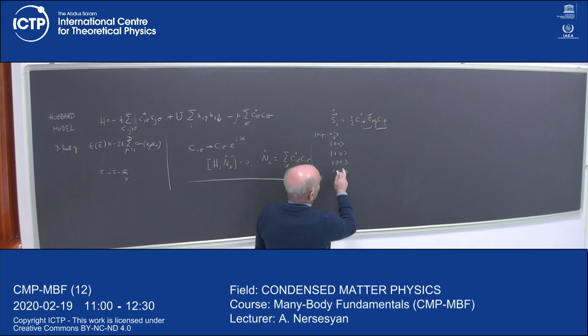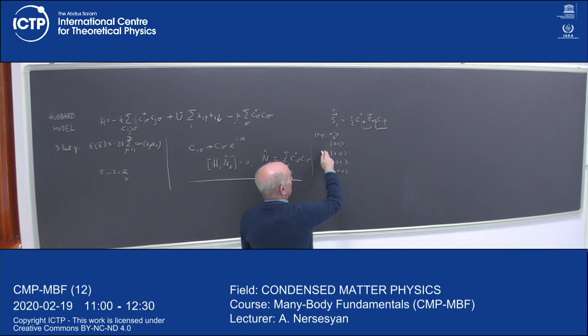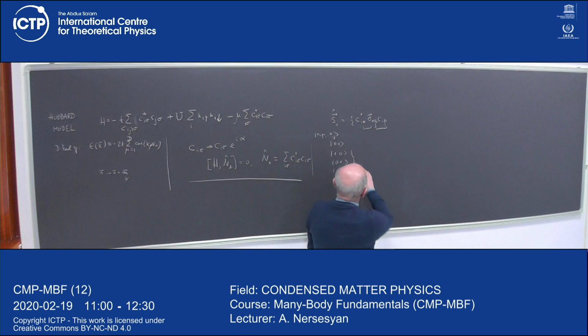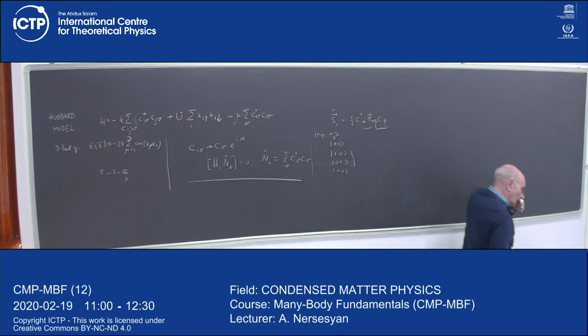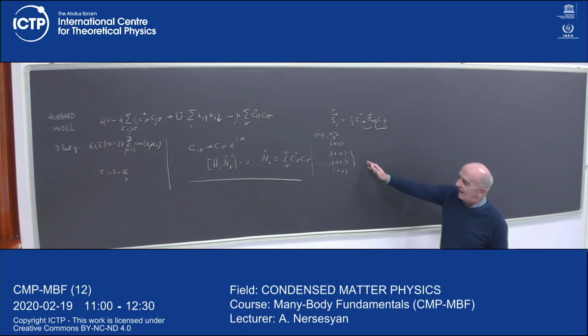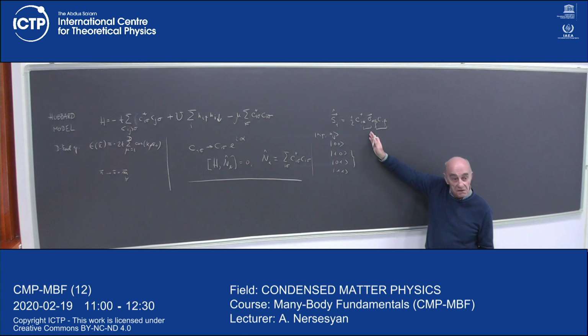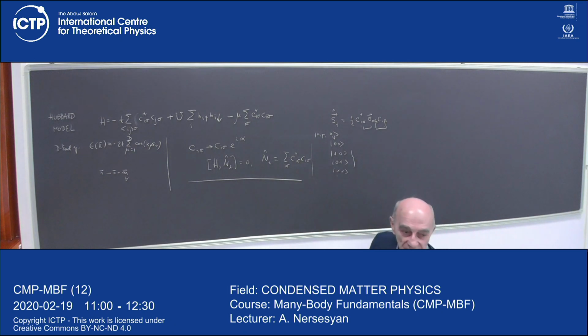So the number of electrons here is 2, here is 0, and here is exactly 1. So I can consider this subspace, and then I leave it to you as an exercise. You can check that in this subspace, the action of the spin operators exactly coincides with the action of the standard spin operators subject to the SU(2) algebra.